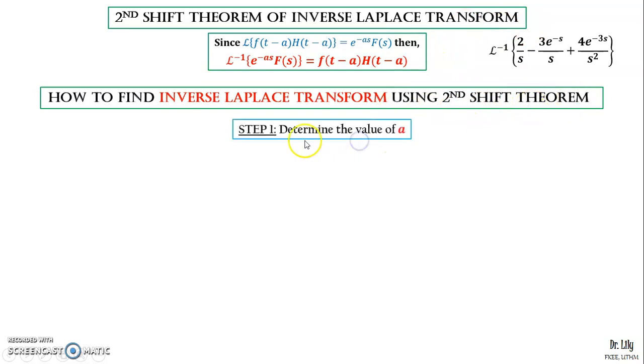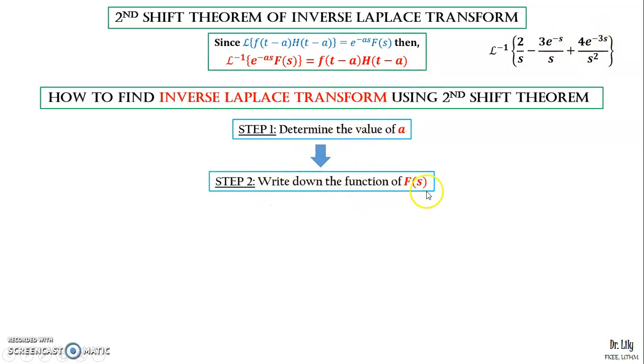Okay, so step number 1, you need to determine the value of a. In this case, a is equal to 1 and a is equal to 3, right? After you determine the value of a, you need to write down the function F(s). This function is equivalent to e^(-as) F(s), so you need to determine what F(s) is. In this case, maybe 3 over s, and in this case, 4 over s squared, right?